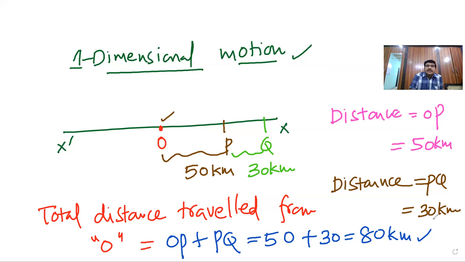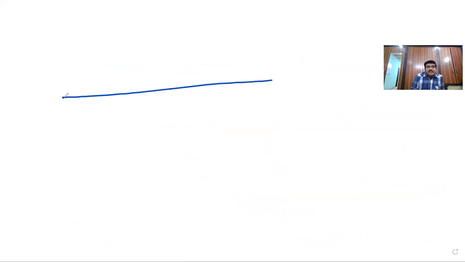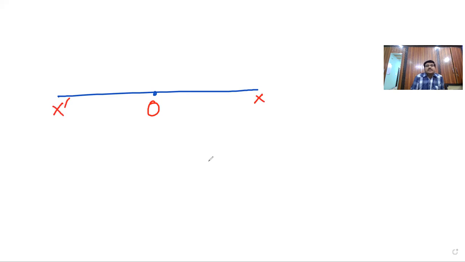Let us say, observe, another example. This is a straight line. This is the origin, the reference point. This is the positive x-axis. This is the negative x-axis, x and x bar.